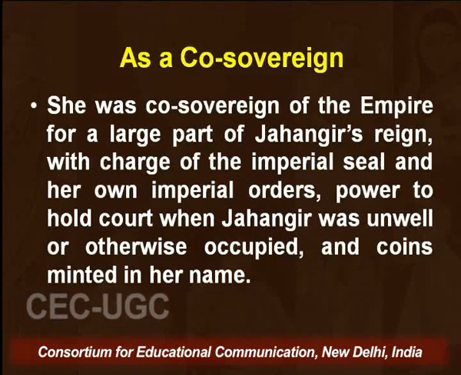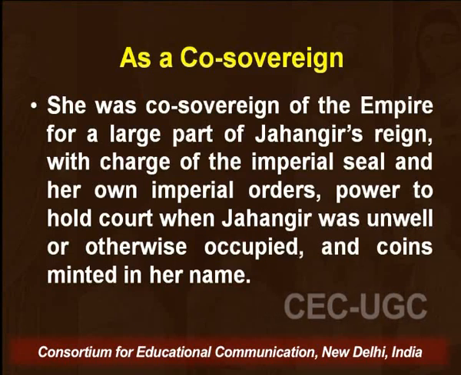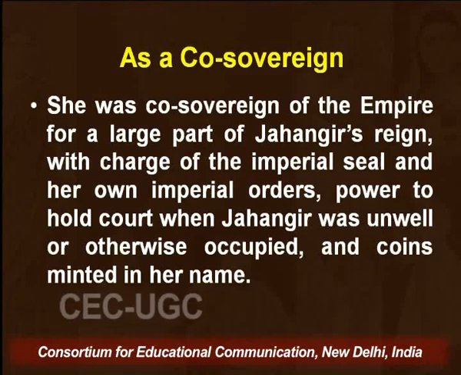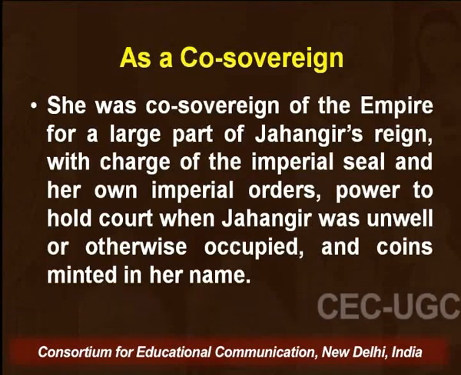She had even power to hold court when Jahangir was unwell or was otherwise occupied, and there were coins that were minted in her name, that too when the emperor was very much alive. So, all these were accomplishments that indicate the multifaceted personality of Nur Jahan.